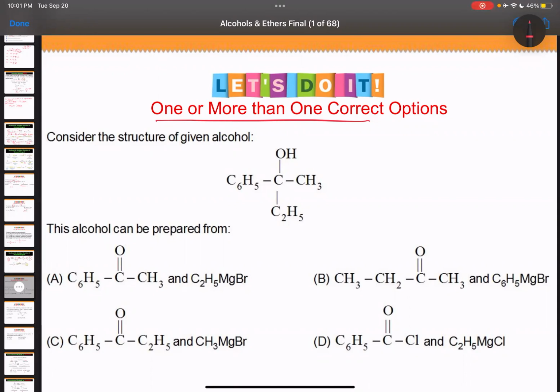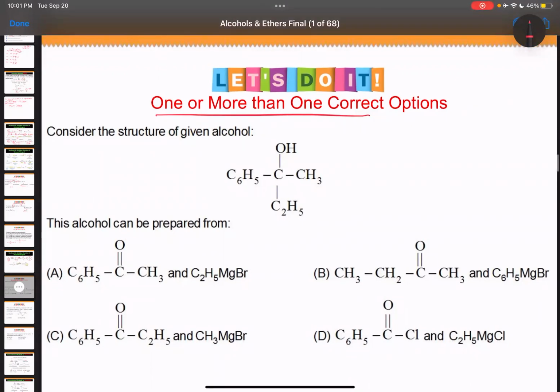Right? Yes, sir. So what's going to be the answer to this?